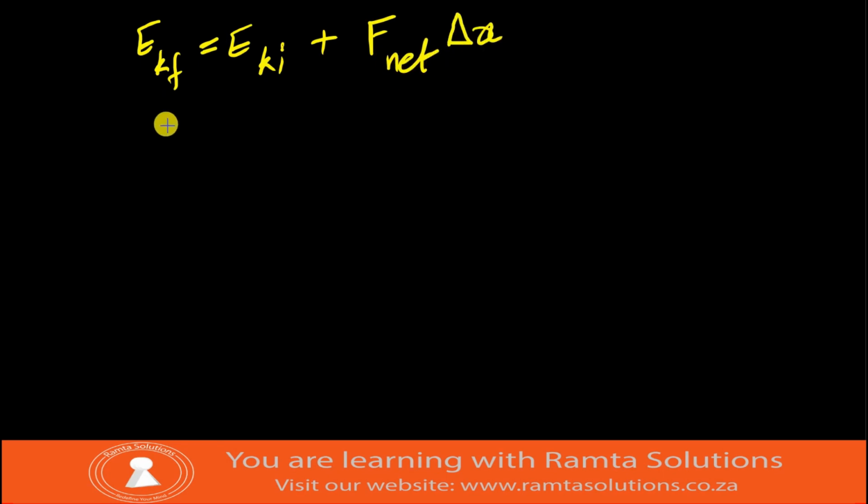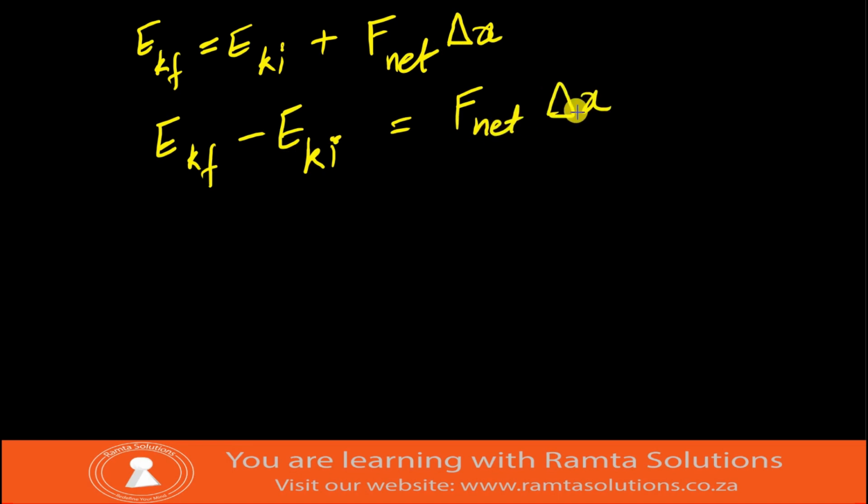Having said that, I have E_kf minus E_ki, meaning final kinetic energy minus initial kinetic energy, equals F net delta x.